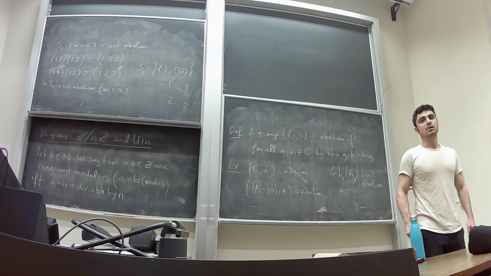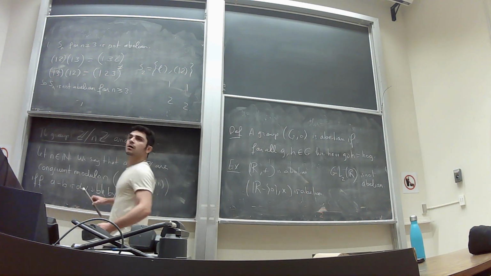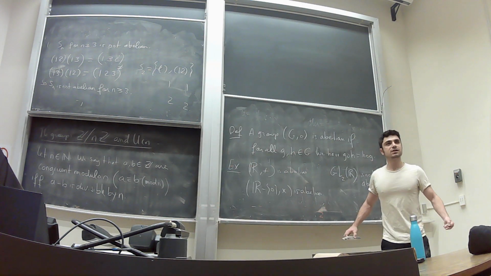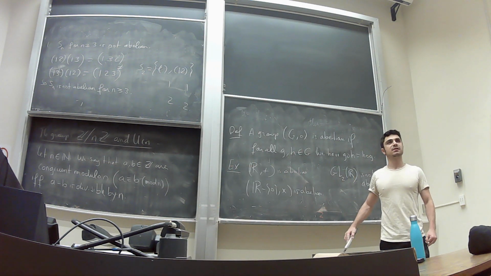Can you re-explain it quickly? Sure. Define a relation on Z: a is related to b if a minus b is divisible by n.